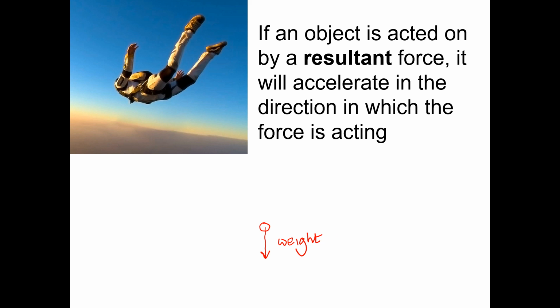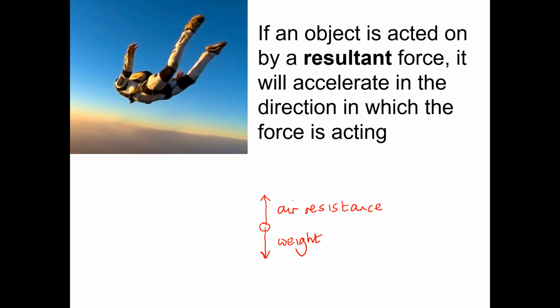Now, as he or she is falling, they will experience an upwards force, and that will be due to air resistance. This is a contact force. For air resistance to have an effect, you need to be in contact with the air particles, and they will push against anything which is falling or moving through the air.